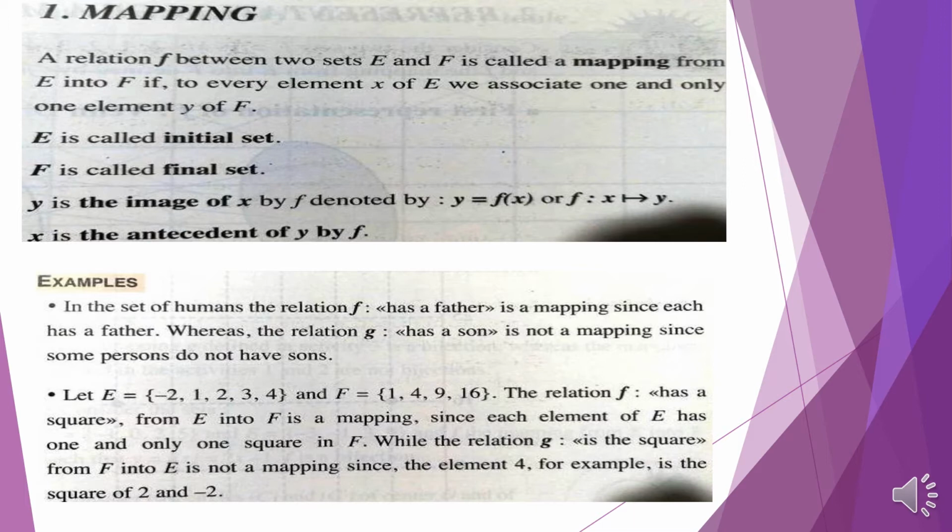No. So if you have a relation G from F into E, there is an element in the initial set, here F is the initial set, the element 4, whose square is not found in E. So G is not a mapping.